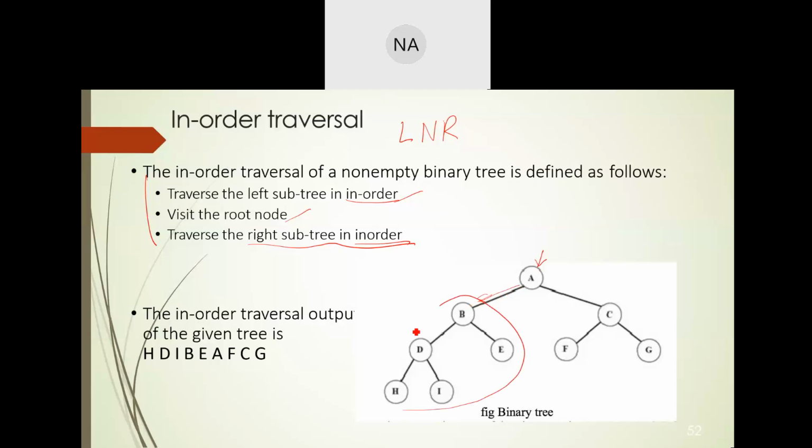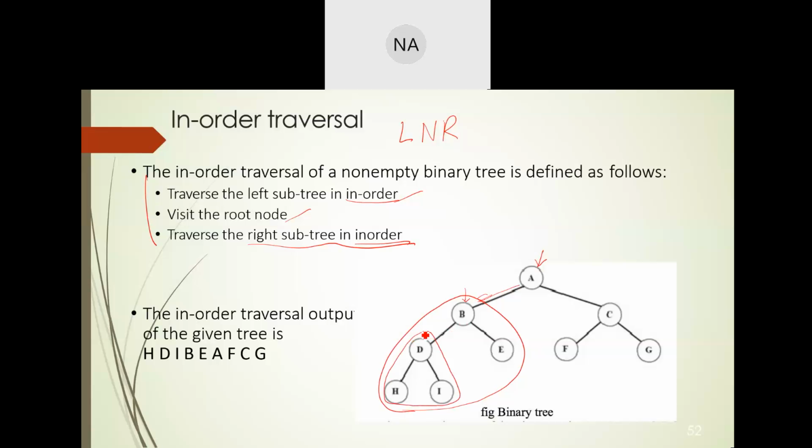Then this left subtree will be traversed in in-order. The root node of this binary subtree is node B. In in-order, you will traverse the left subtree of node B first. So from the root node B, you will go to this left subtree.